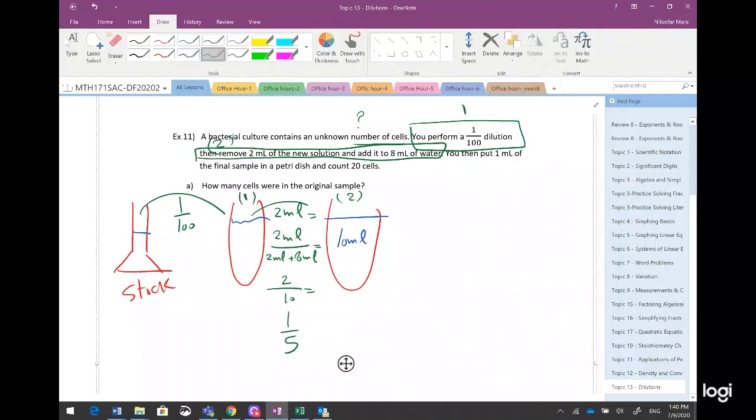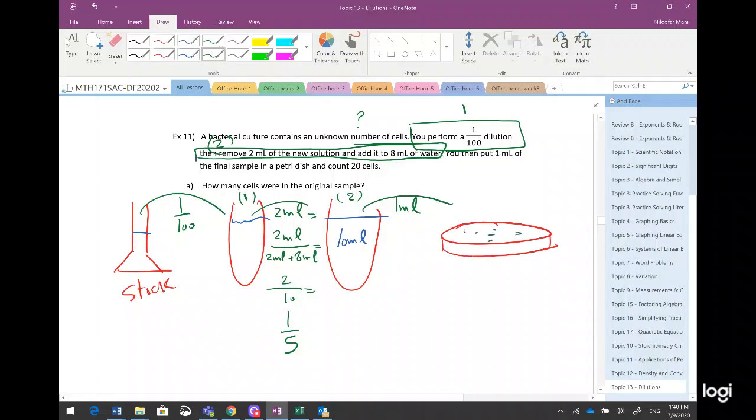Okay, so where is my 1 milliliter. Okay, and then I do this. Yes, and when I count them, it's 20 cells, right? 20 cells counted.